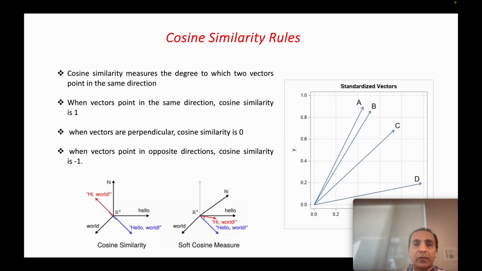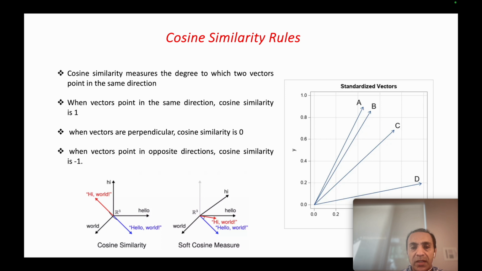So the rules of cosine similarity is that it measures the degree to which two vectors point in the same direction, and when vectors point in the same direction, cosine similarity is 1, and when vectors are perpendicular, cosine similarity is 0. When vectors point in opposite directions, cosine similarity is -1.